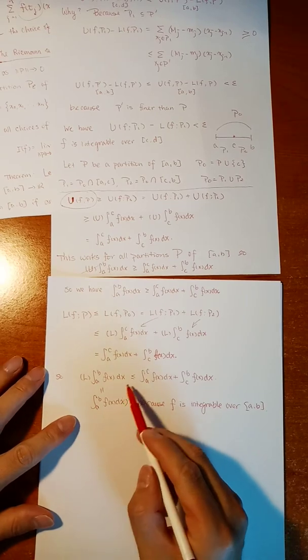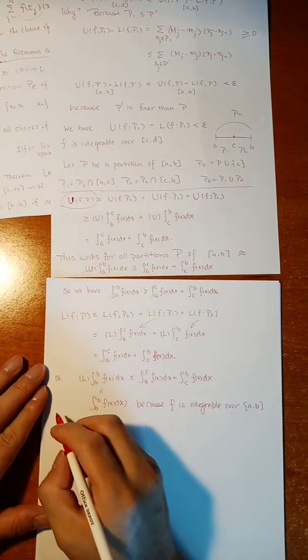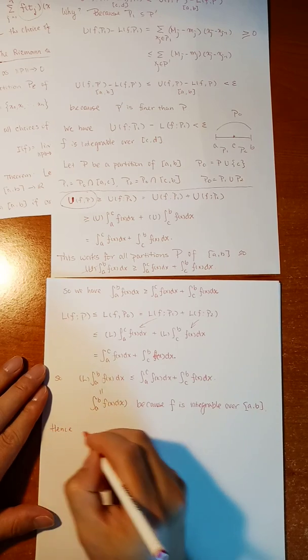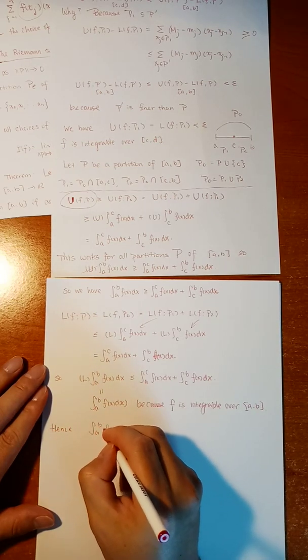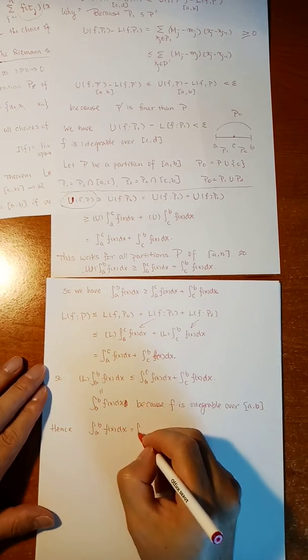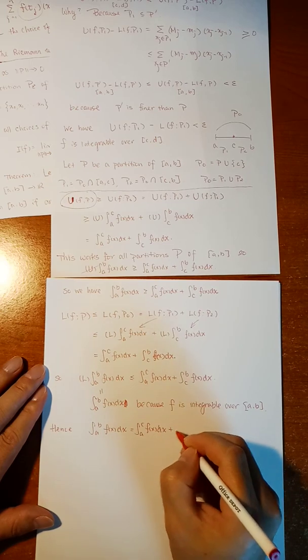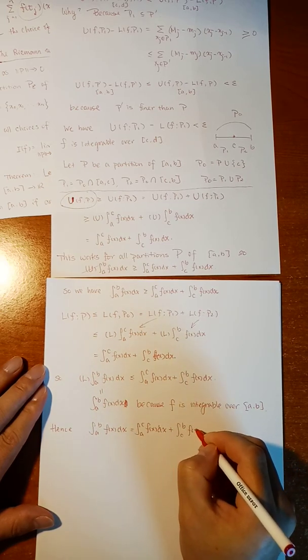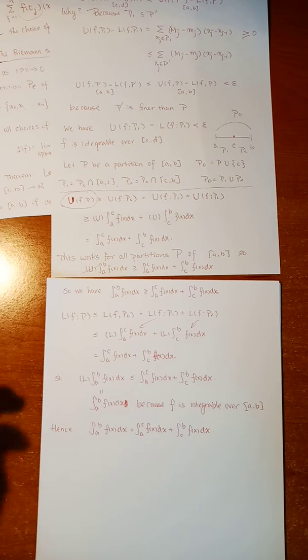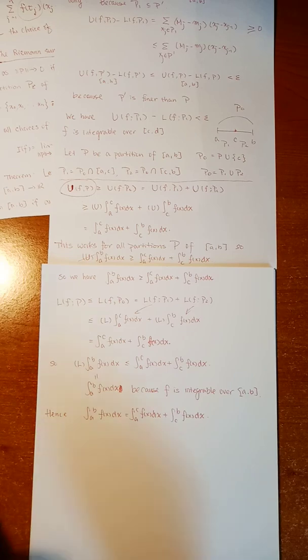So this quantity is less than or equal to the sum, and this same quantity is also greater than or equal to the sum. Hence, this quantity has to be equal to this same sum. Okay, so this is the standard trick.